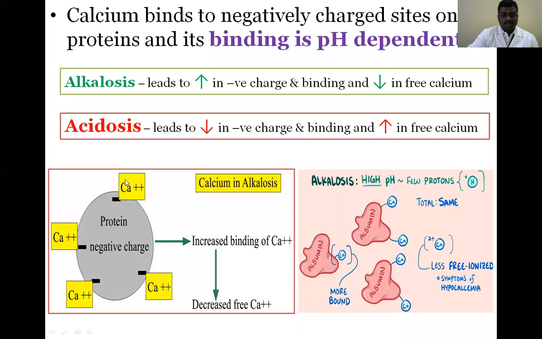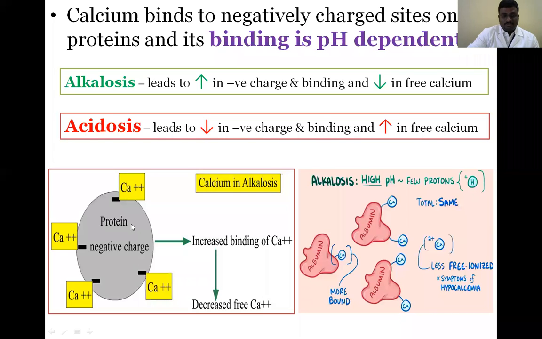Calcium is a cation, so it always binds with the anion, the negative group of the protein. The protein's negative charge depends on pH. We know the pH disorders: metabolic alkalosis, metabolic acidosis, respiratory alkalosis, respiratory acidosis. In alkalosis, proteins acquire more negative ionic charge.